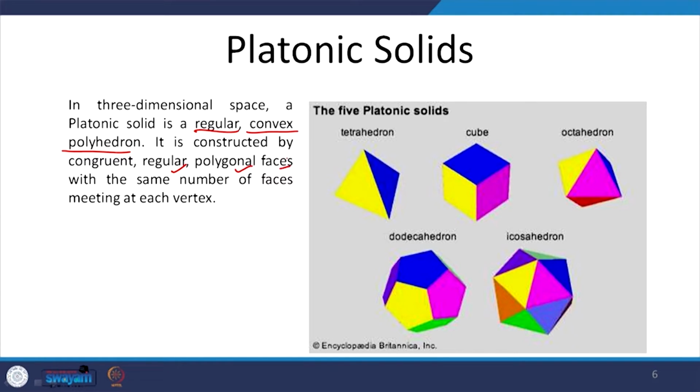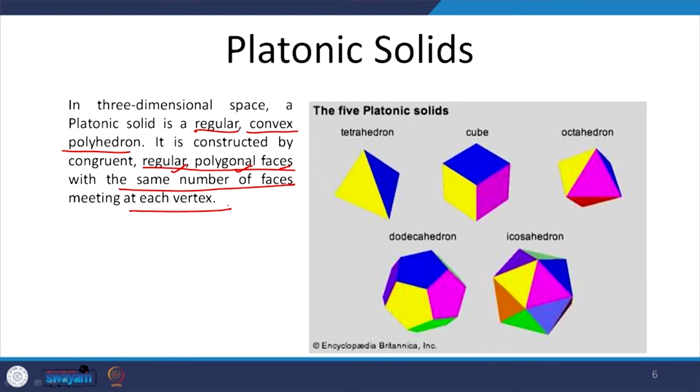So, it is not essential that it has rectangular faces or triangular faces. It has regular polygonal faces with the same number of faces meeting at each vertex. So, at each vertex there will be some given number of these polygonal faces, and that will be generating the polyhedron solid.